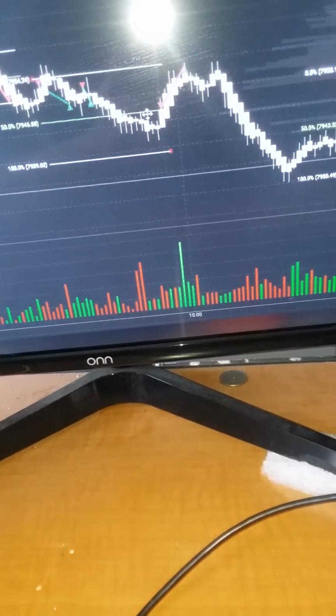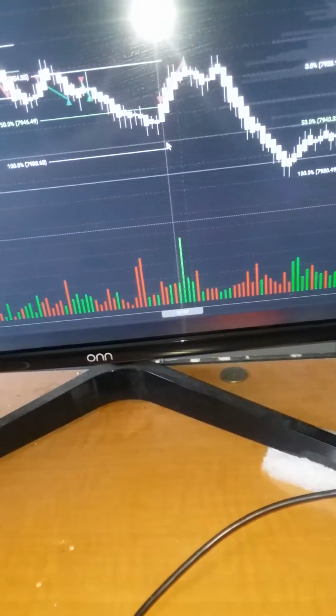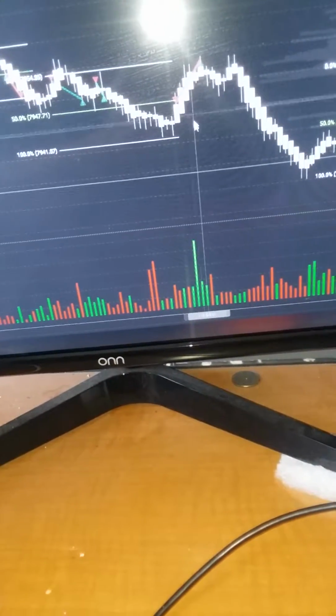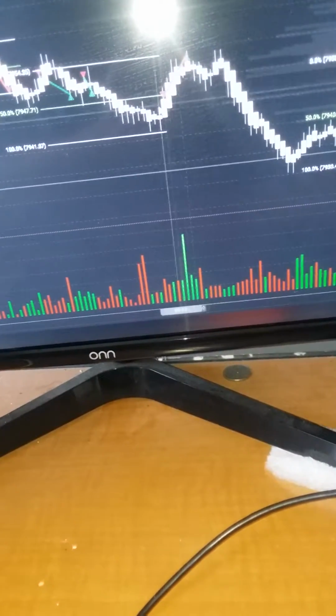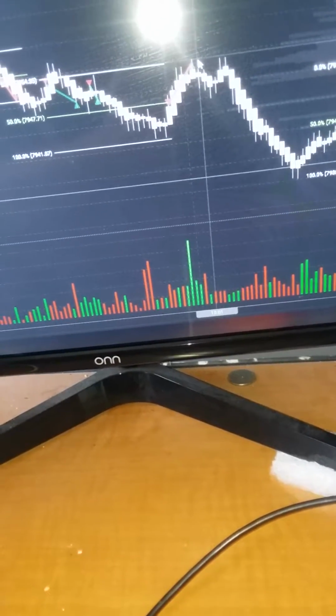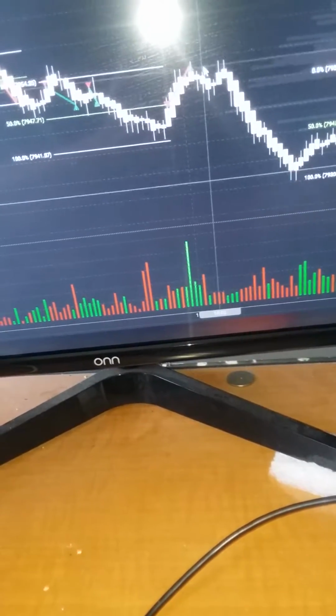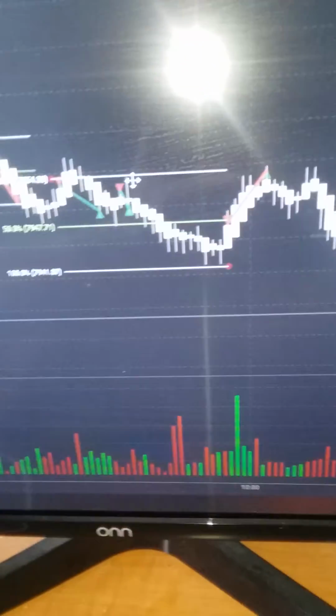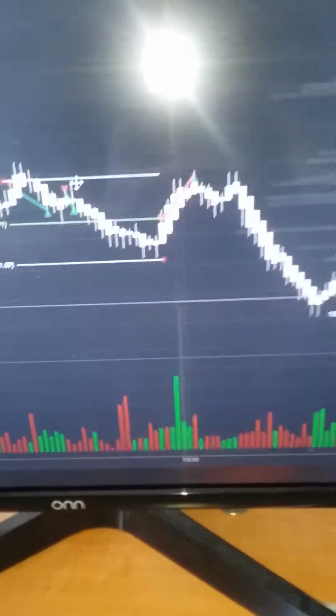Oh, I'm sorry, this is that trade. I went short at the 50, looking for it to come down here. And as you can see, I lost this trade. It went up and hit my stop right above. In fact, I almost won it because it came back down, but it just went over the previous high that I chose to use. And we could have easily avoided this.